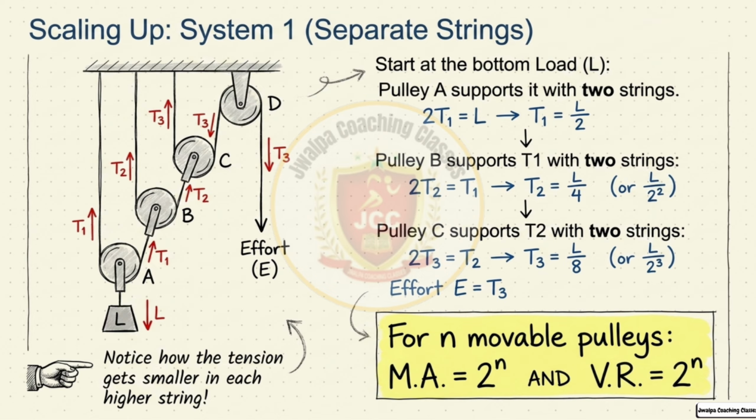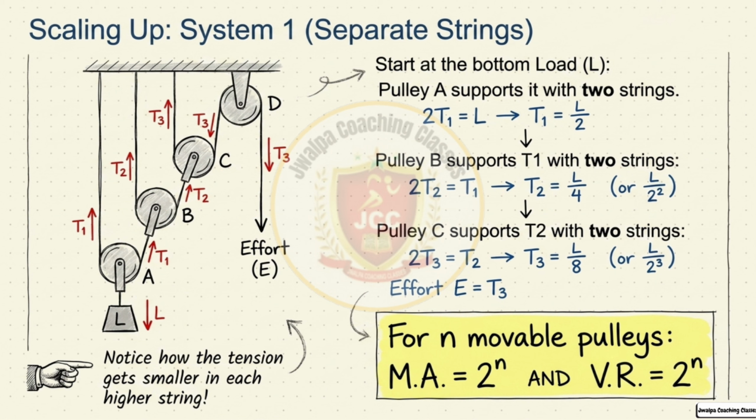Pulley B supports T1 with 2 strings, so 2 times T2 equals T1, meaning T2 equals L over 4, or L over 2 squared. Move up one more time. Pulley C supports T2 with 2 strings, so 2 times T3 equals T2, meaning T3 equals L over 8, or L over 2 cubed. The effort E is just T3.